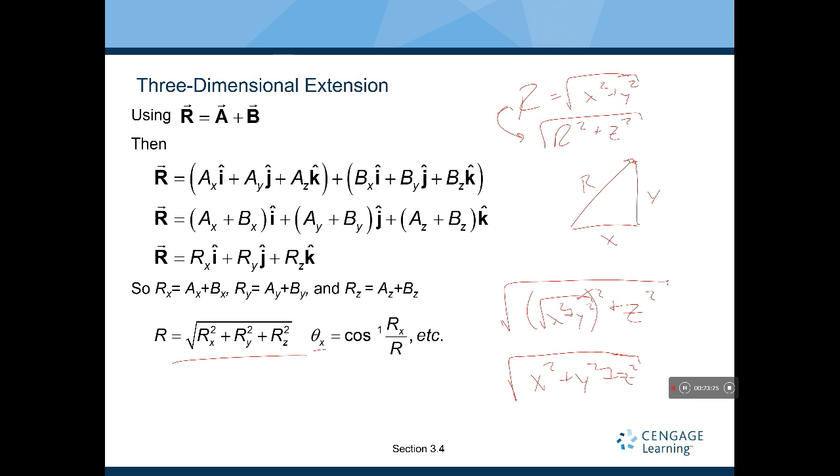To find that, we could take the total x component of r, and divide by the total r that we just found with that kind of exorbitant Pythagorean theorem done twice situation. And that will give us the angle from the x-axis.